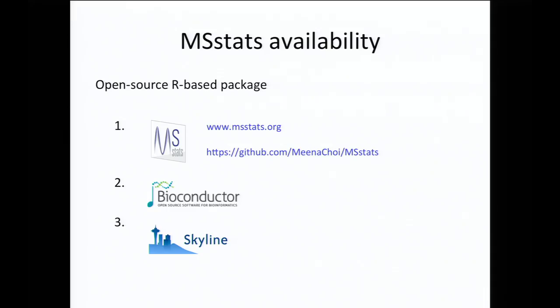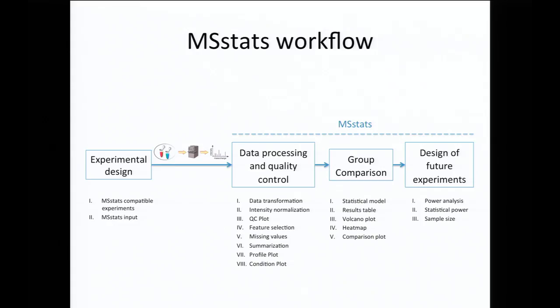MSstats is available as an open source package, which can be downloaded from the MSstats website or from GitHub directly. It's also available in Bioconductor, and what we will use later on is the application of MSstats from within Skyline as an external tool. And you will do this in the tutorial just after this lecture.